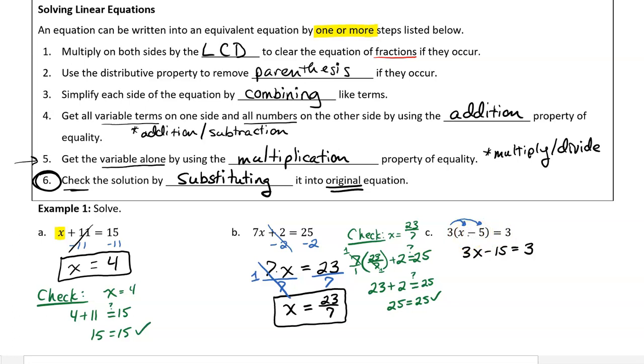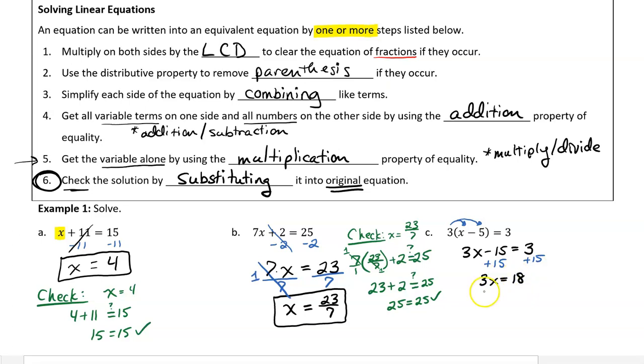And then we go with our next step. Combine like terms. Okay, everything looks to be combined. But then I can start moving things over the equal sign. So here I have a minus 15. So undo subtraction with addition. And that leaves me with 3x is equal to 18.